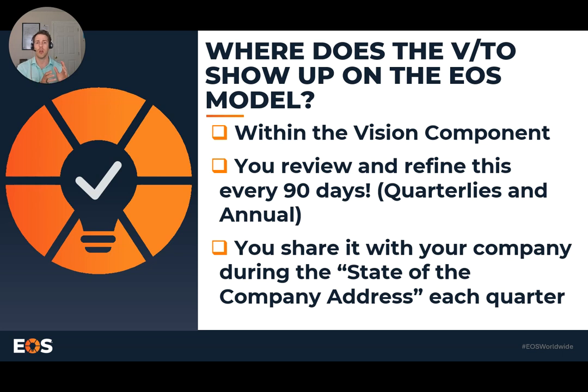And so as a leadership team, you're reviewing and refining this VTO, these 8 questions, during your quarterlies and your 2-day annual event. And so this process of 90 days, right, communicating the VTO with everyone within the organization, that's what should be happening, and that's how you create sustainability around unity for the vision.